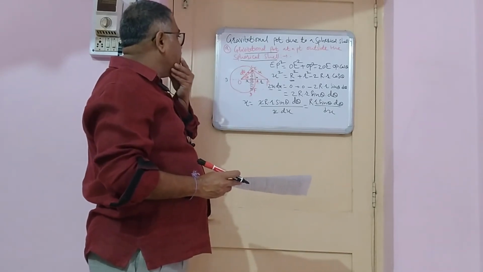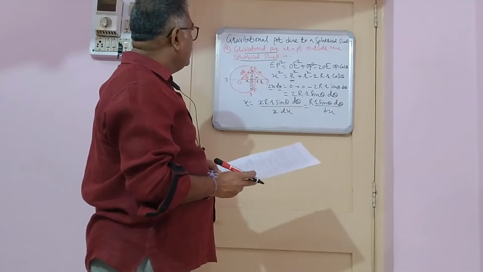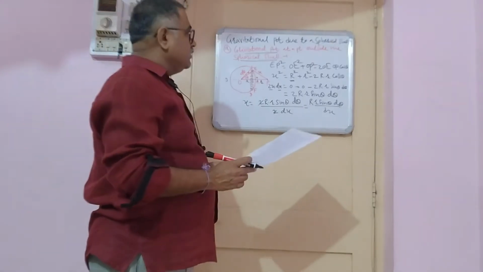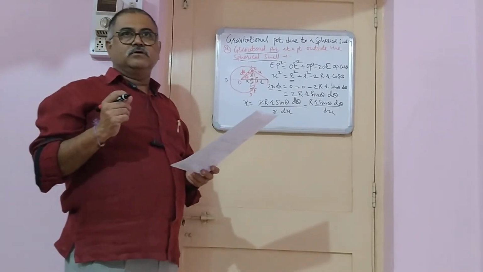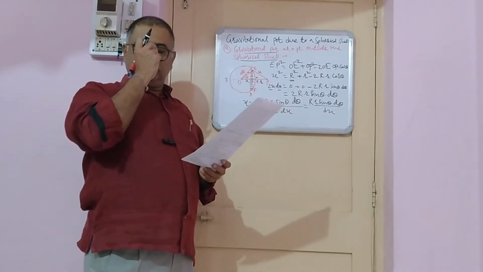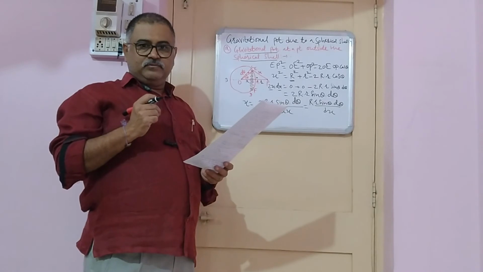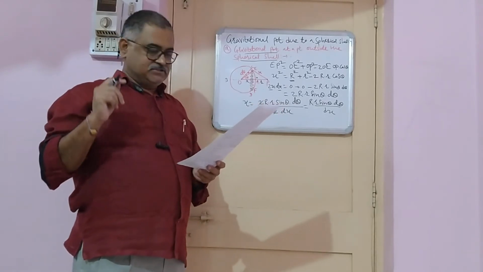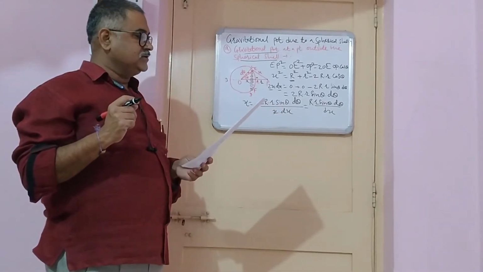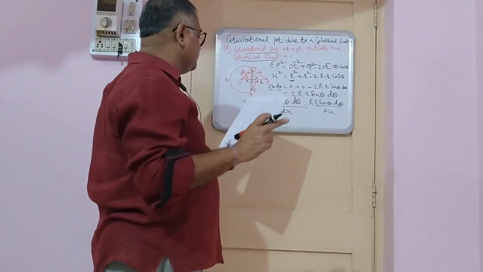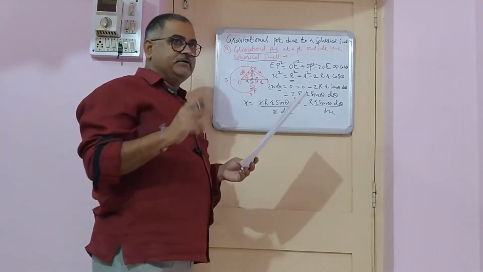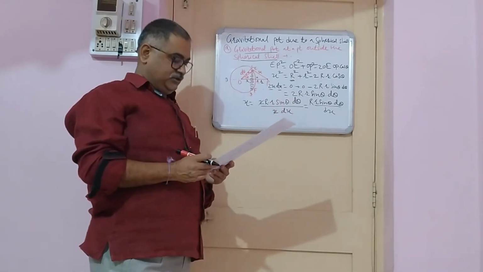We will substitute the value of x. If you have the equation first, that is dV equal to minus of 2 pi r square sine of theta into d theta into rho divided by r into g.